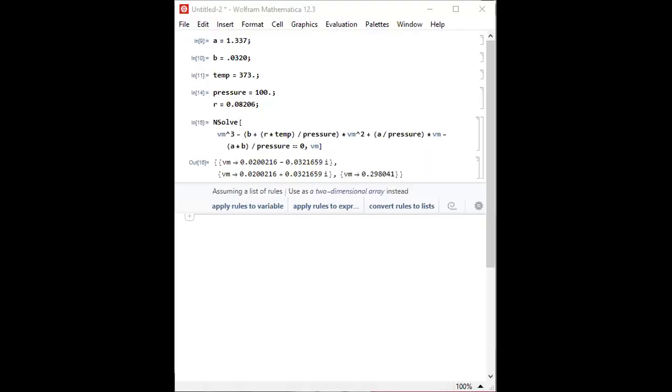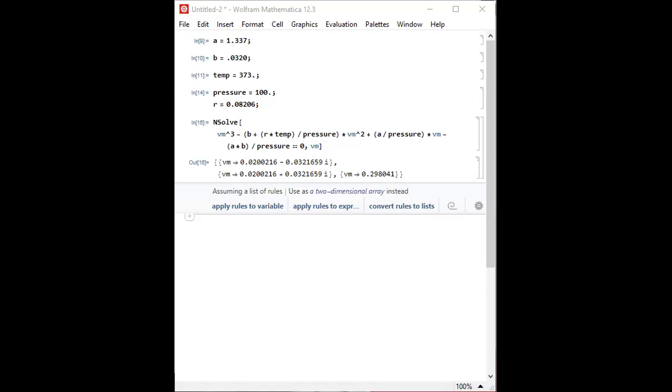So I put in my A and my B, and I looked at the units. The units are all in atmospheres, decimeters cubed, which are liters, and Kelvin. I put in the temperature we're at for this problem, put in the pressure, put in the gas constant in the right units. So the gas constant has to be consistent with liters, atmospheres, and degree Kelvin.